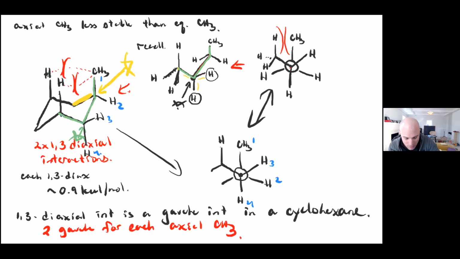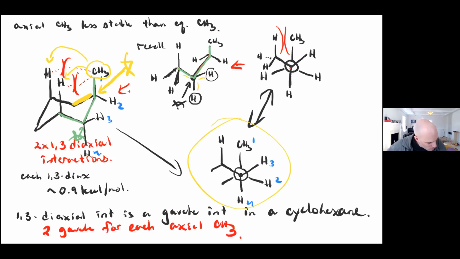But you will see that there is a gauche interaction between this methyl group and this other axial hydrogen, just as there's a gauche interaction in the first one that I drew over here on the right, okay? So again, give it a solid effort. Try to redraw it. If you can't draw it, come to office hour, come to your TA. We're happy to go through it. We just don't want to go through it now because we're short on time in class here.